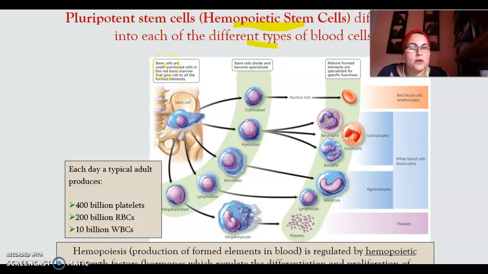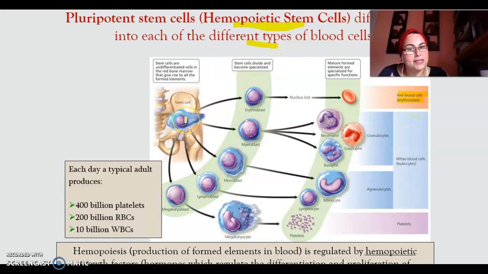These stem cells in the red bone marrow will be differentiated to give erythroblast, which will lose its nucleus and then become more mature to form red blood cells or erythrocytes. Erythro means red and cyte means cells.